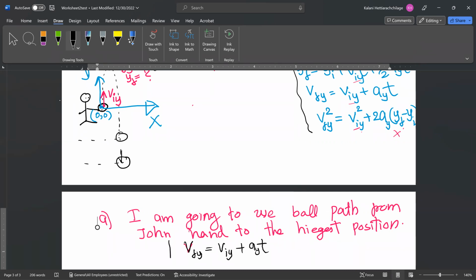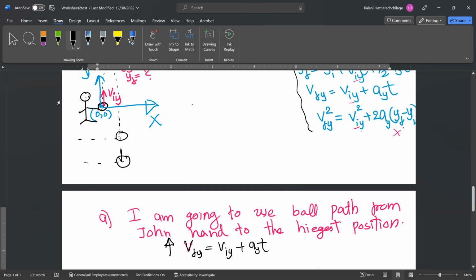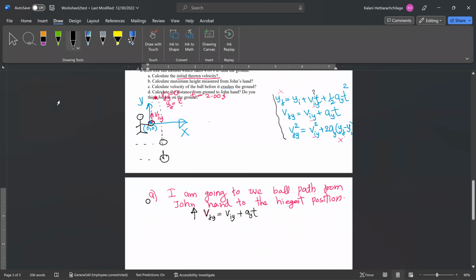So again, use your notation. You use upward as positive, right? So as soon as you label that and as soon as you have the information in your diagram, v final y, we know it is 0. If something is 0 in the next step, make sure you make it 0. That will simplify your question.